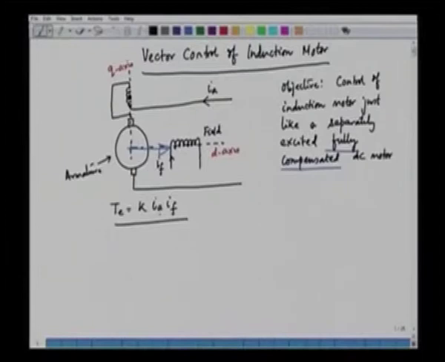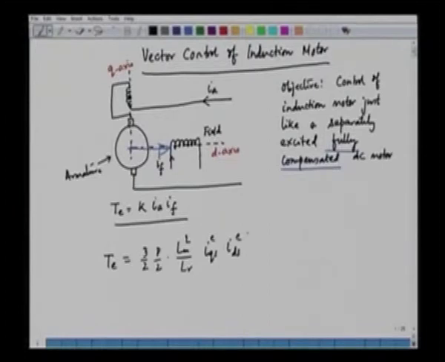So we see that the equation of the torque for an induction machine is just like a DC machine. If you see the DC machine torque equation, T is equal to K into IA into IF. And what we have here is something very similar. In case of an induction machine, it is 3 by 2 into P by 2 into Lm square by Lr into IQS into IDS.